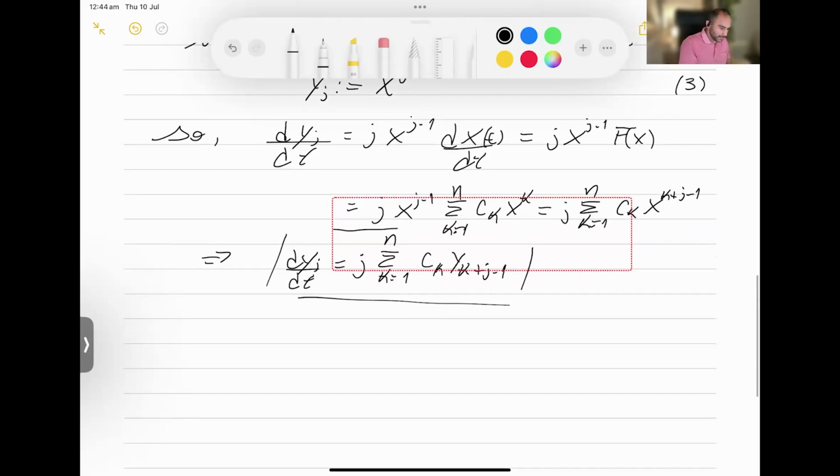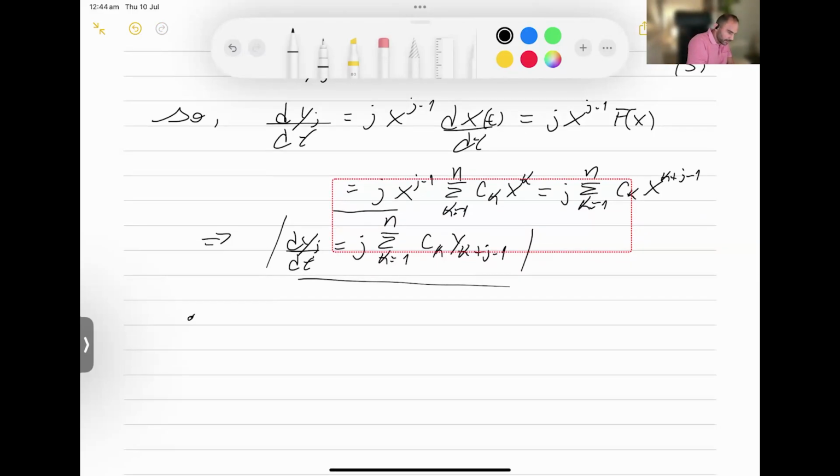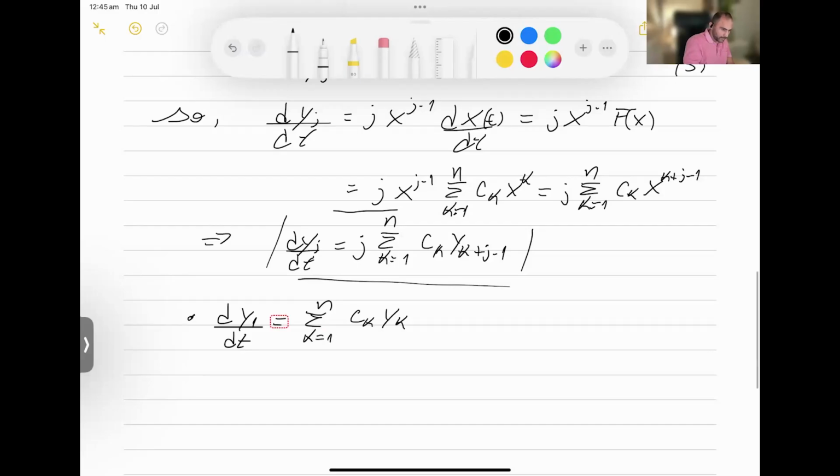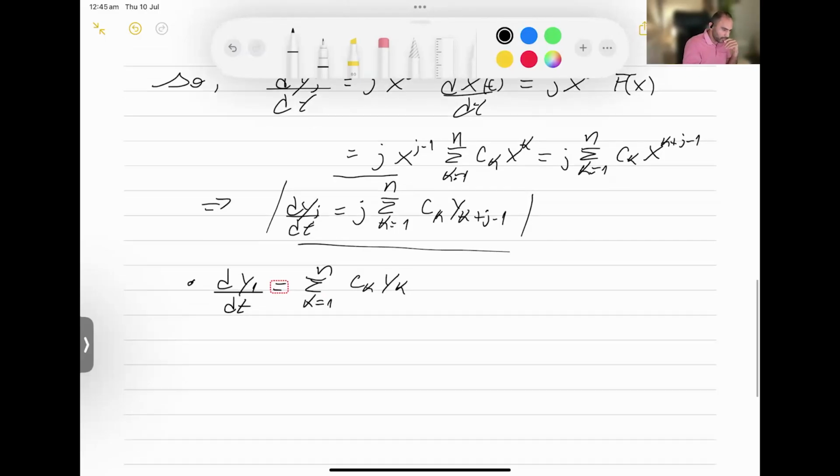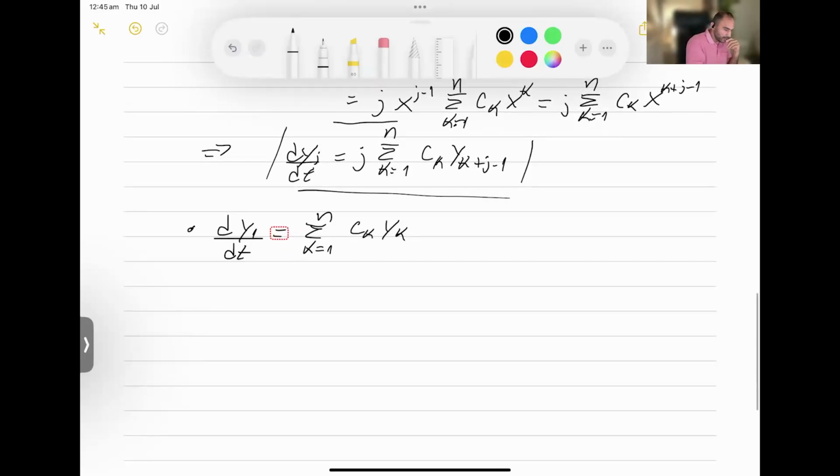What that means is that we've coupled the system. For example, if I rewrite this for j equal 1, I just replace j by 1, and I can continue doing that.